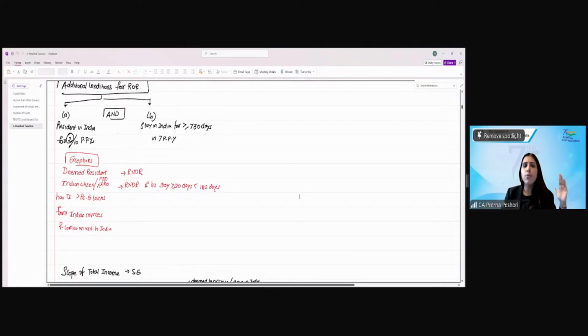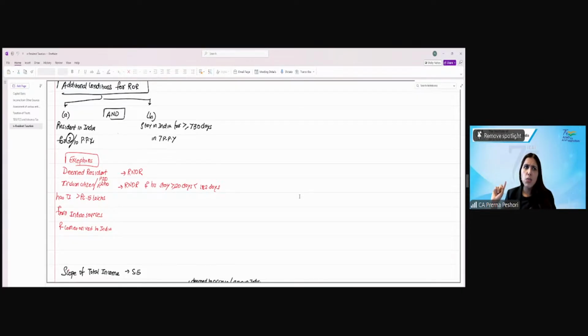Residence in India for 2 out of 10 preceding previous years and stay in India for greater than or equal to 730 days in the 7 preceding previous years. If that be the case, you will be ROR. If you fail to satisfy any one condition, you will be RNOR. Clear? Now, again, there are exceptions to the ROR, RNOR also. A deemed resident is always going to be RNOR.